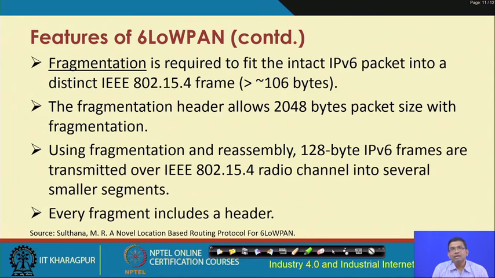Using fragmentation and reassembly, 128 byte IPv6 frames are transmitted over the 802.15.4 radio channel as several smaller fragments, and this is what I told you a while back. After fragmentation, at the other side you will have to do the reassembly. The 6LoWPAN protocol's adaptation layer will take care of both the fragmentation as well as the reassembly.